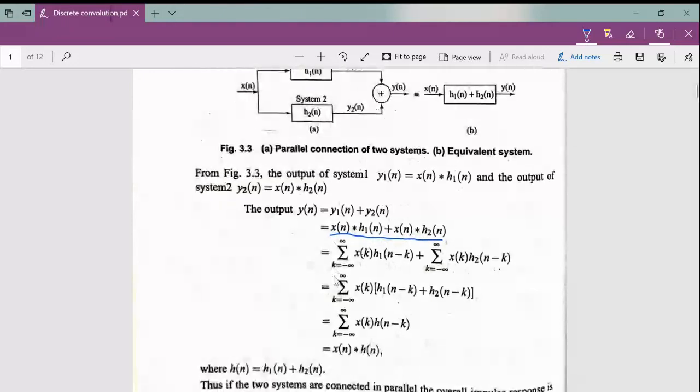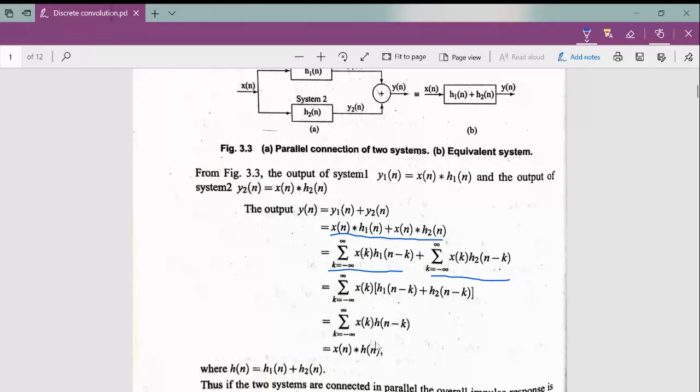We know the discrete convolution equation, and we rewrite it like this, where k is the convolution variable. The summation over k from minus infinity to infinity and the x of k term are common to both, so we take them outside, and the rest of the terms are h1 of n minus k plus h2 of n minus k.